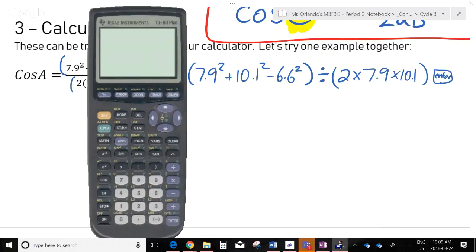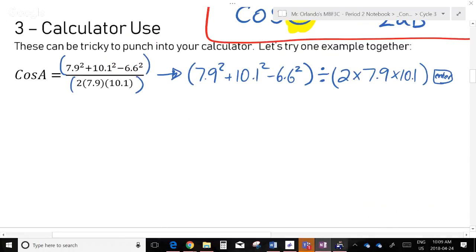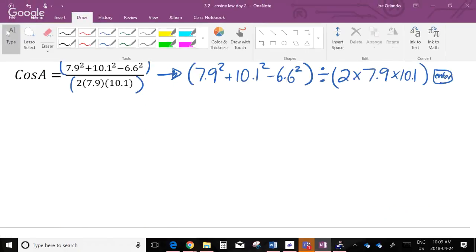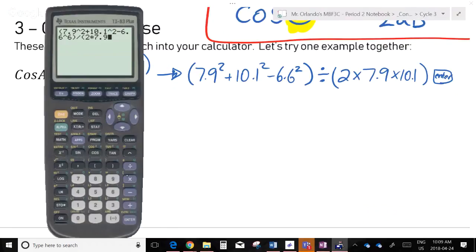Okay, so when I punch this in, I open my bracket, 7.9 squared plus 10.1 squared minus 6.6 squared, divided by, then I open a bracket again, 2 times 7.9 times 10.1.